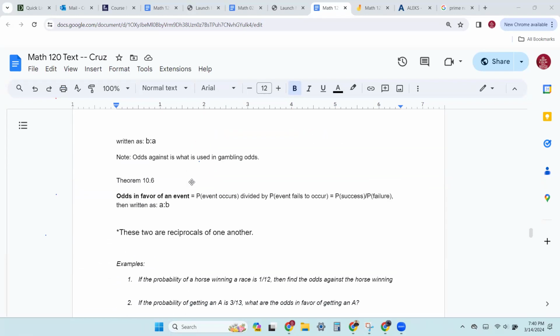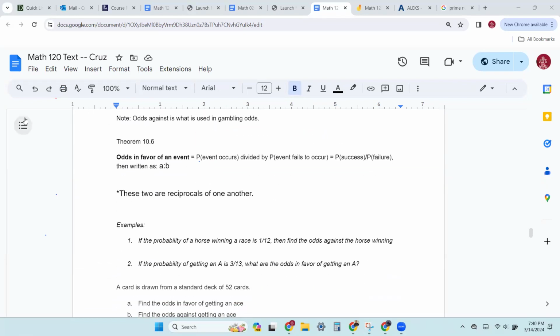So let's put these into practice, and then we'll see if we can make it a little bit more understandable. Now, we've got to remember this. We need to know this in order to fool with odds. We've got to have the complement rule. The complement rule was the probability of A, and that's just any event, plus the probability of not A is equal to 1.